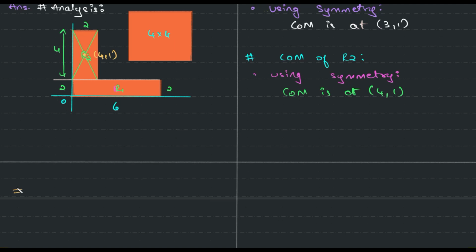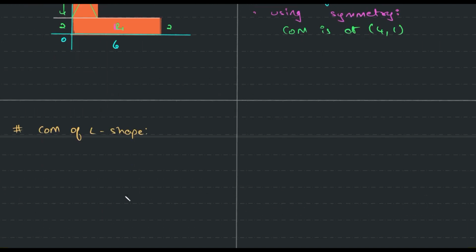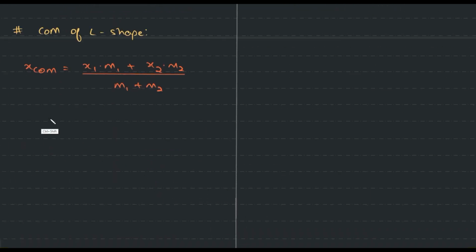Now I'll figure out the center of mass of the L shape, which is made up of x equals x1 times m1 plus x2 times m2 divided by m1 plus m2. As I told you, I'll be jumping now.